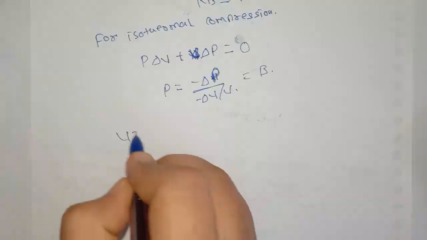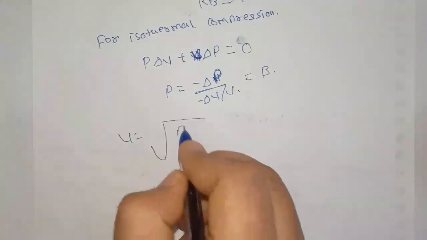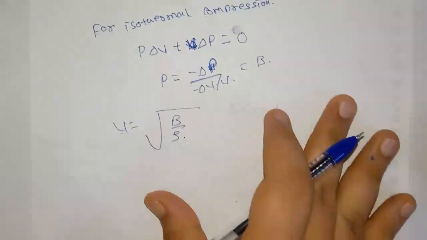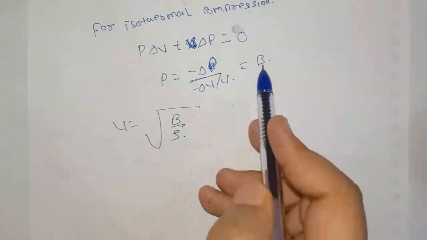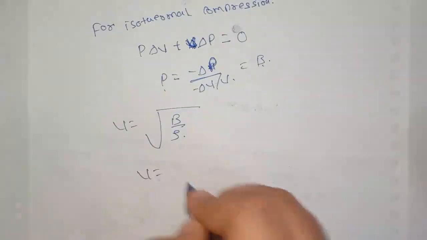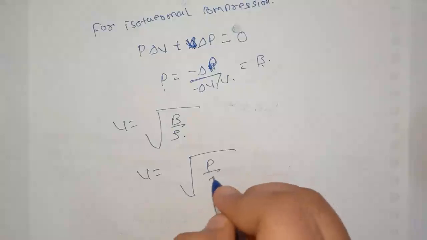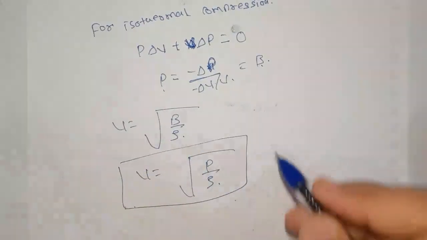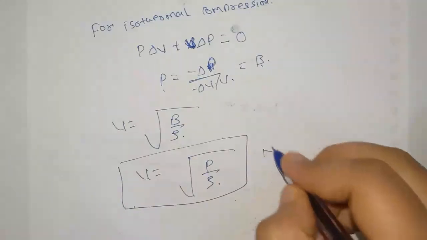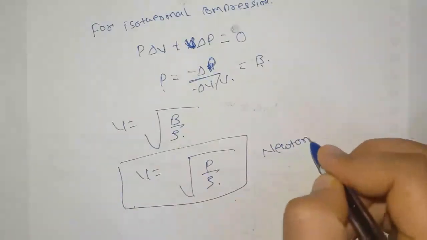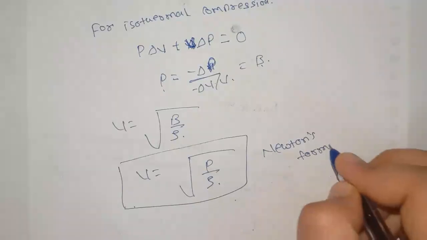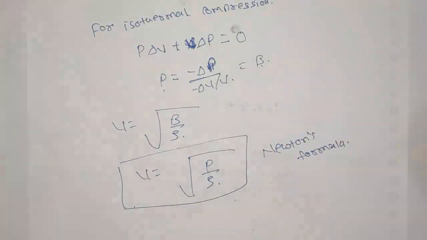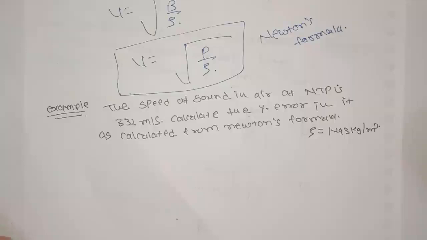So we have seen the formula V equals under root B by rho. So instead of bulk modulus we can write P. So V equals under root P by rho. This relation is known as Newton's formula.